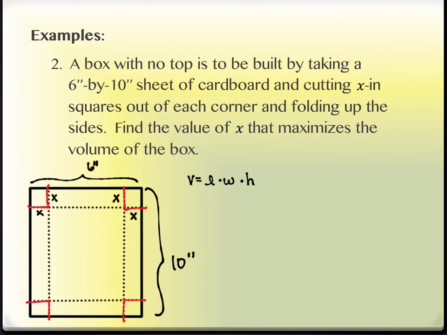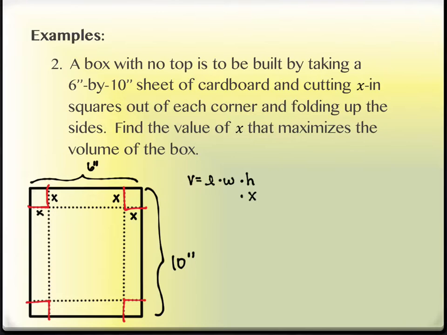So the height's probably the easiest one to look at. If I fold the corners of this box up, and the fold was cutting out these corners that were x's, how tall is my box? X, right? So the height is the easy one to see. The length and the width are a little trickier.